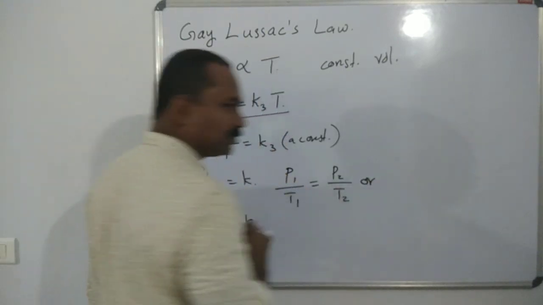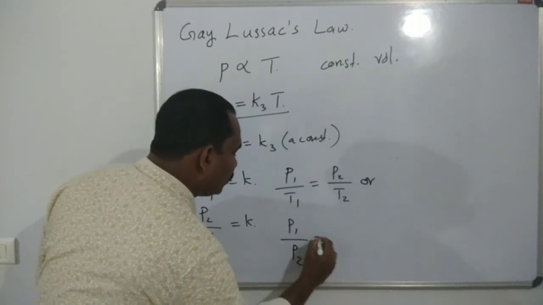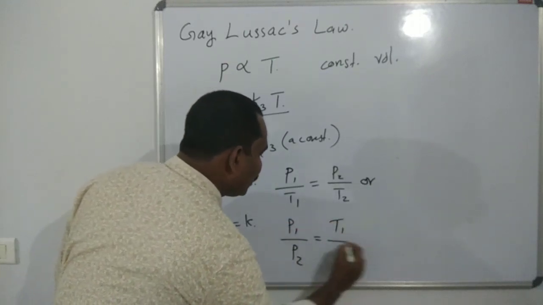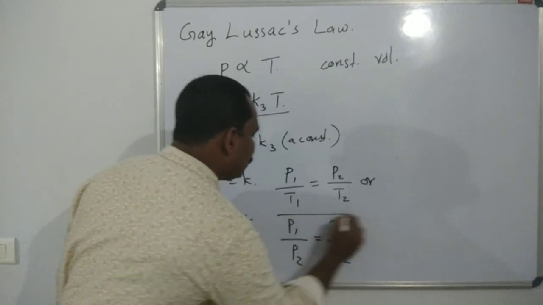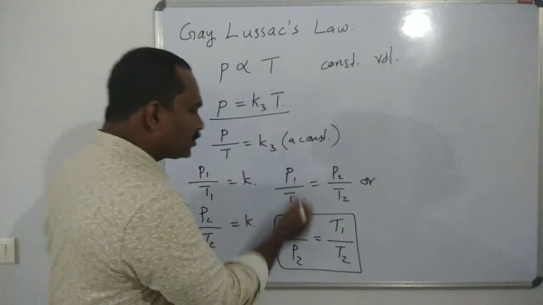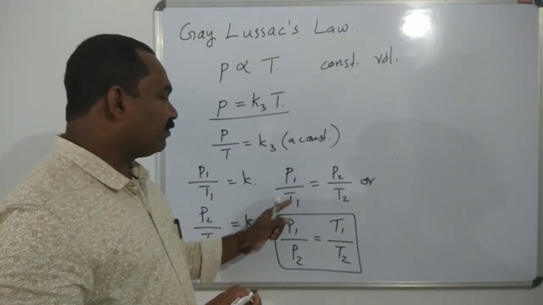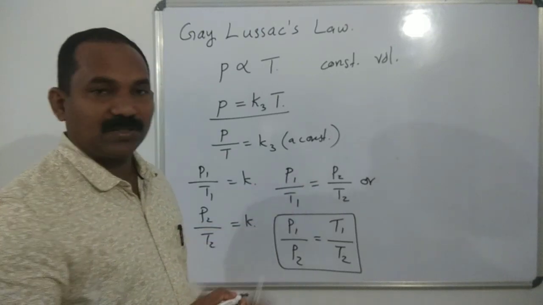Or P1 by P2 is equal to T1 by T2 at a constant volume. Both equations are correct. At a constant volume, P1 by T1 is equal to P2 by T2.